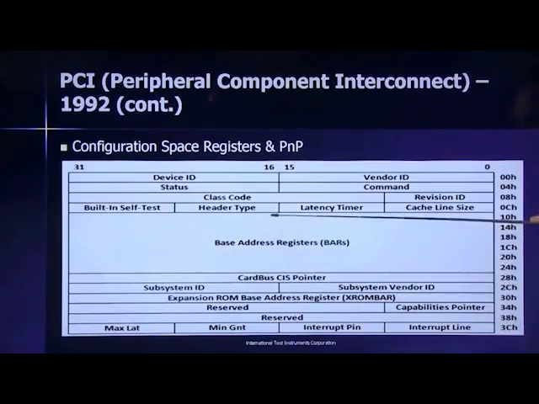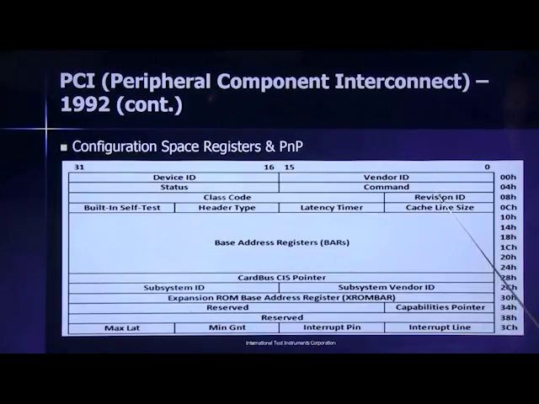The operating system reads the size and determines a location within the overall memory space of the system, and then writes the base of that address, and that's why it's called base address registers, the base of the start of that range within the system memory, into those registers. Therefore later the operating system and device drivers will be able to learn what register addresses to write and read to access functionality within the device.